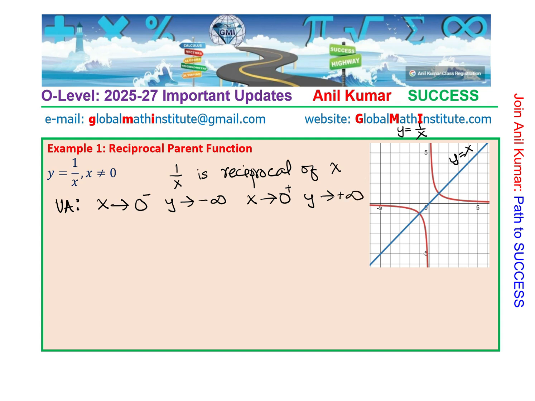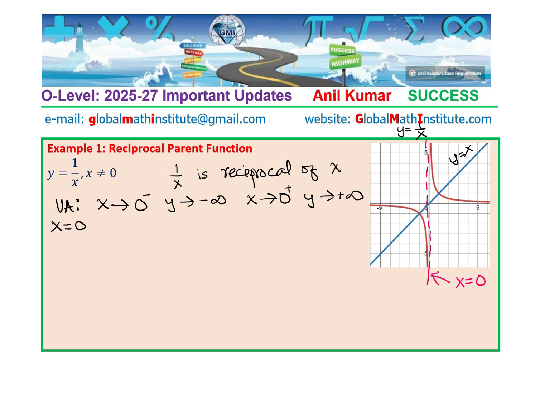And the vertical asymptote here is x equals 0. A very, very important characteristic of the parent reciprocal function 1 over x. Makes sense, right? So this is the vertical line x equals 0, and it is called the vertical asymptote. Makes sense?